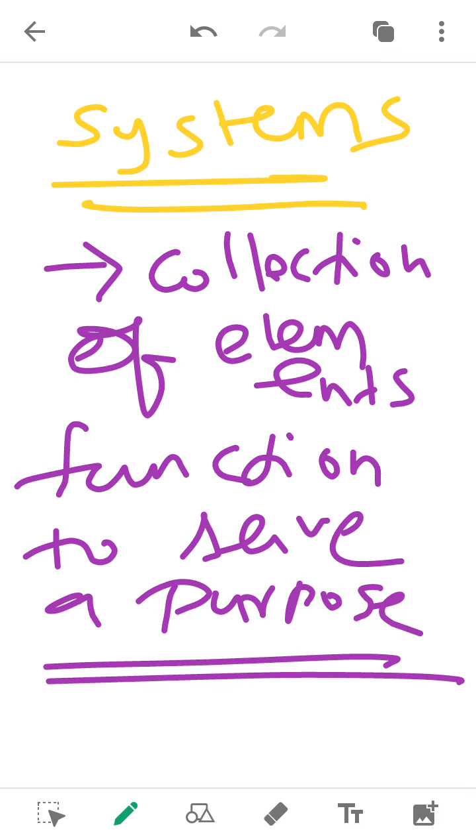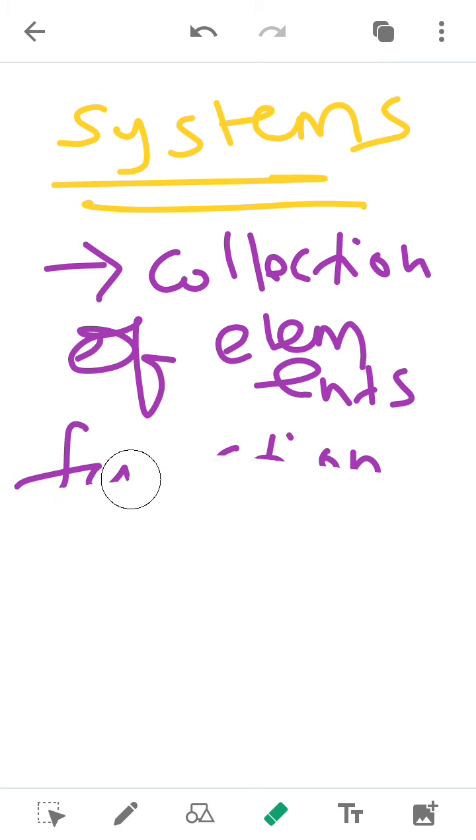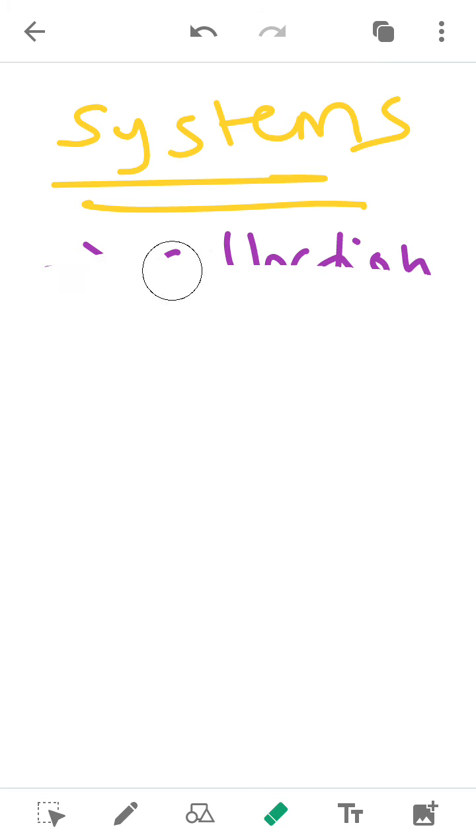So this is a general definition for systems. It's nothing but a collection of objects or elements or components, and they collectively function to serve a particular purpose or objective. And these systems are physically variable.